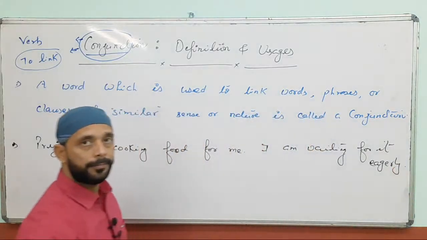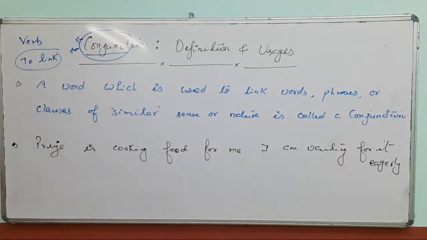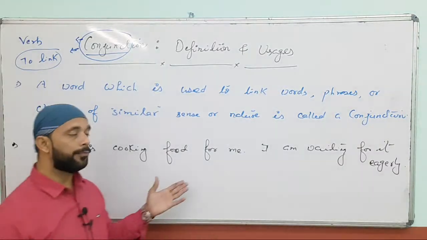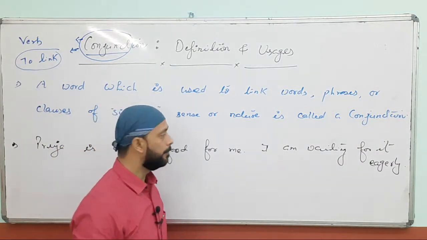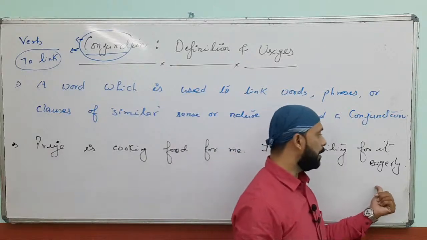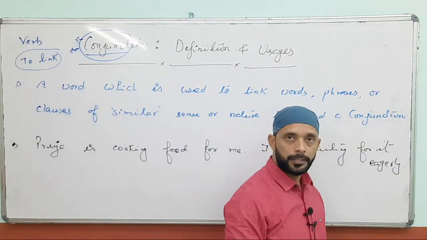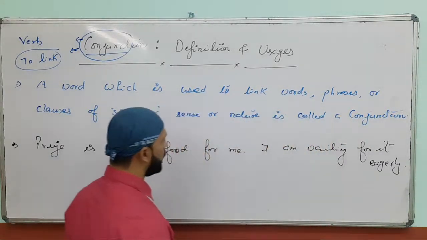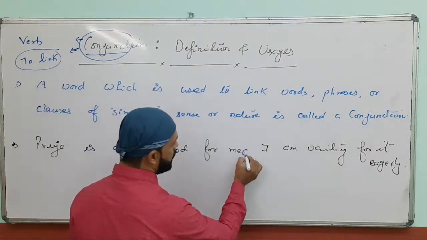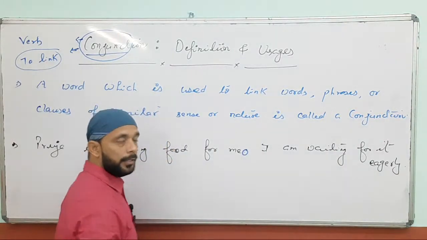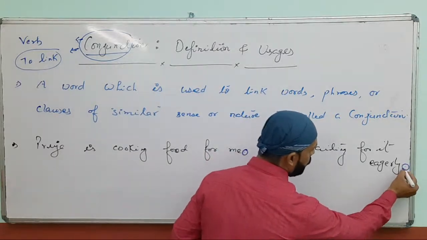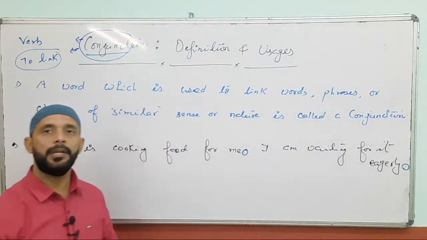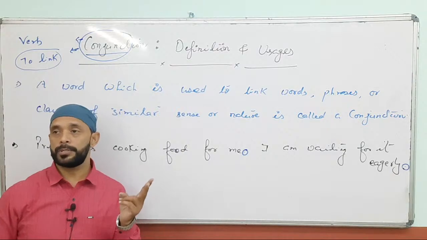Try to see. Now these are the two sentences actually. Priya is cooking food for me, the one sentence. I am waiting for it eagerly, the second sentence. One sentence ending here with a full stop. The next sentence is ending here with a full stop.